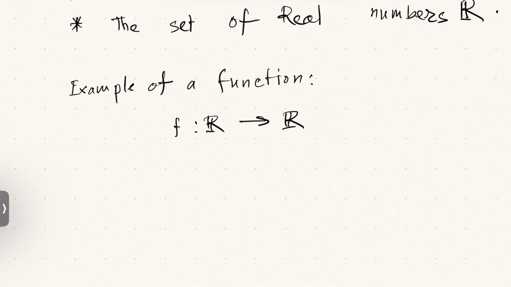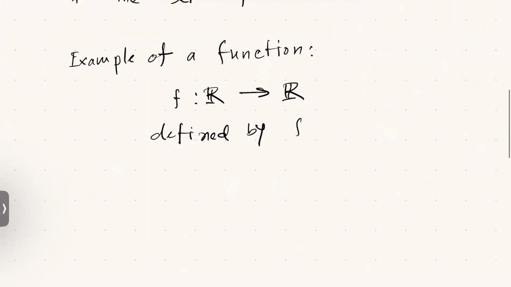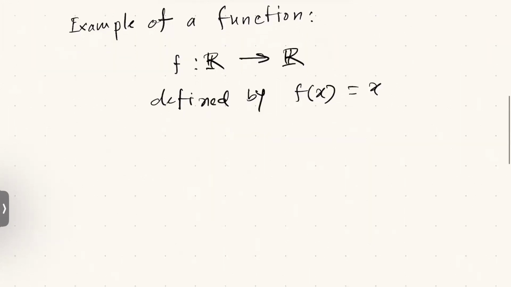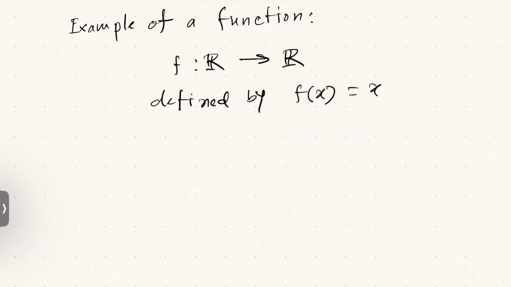So let f be a function from the set of real numbers to the set of real numbers, defined by f of x equals x. So what does this function do? It gives the same value for every x, right? So this is an example of a function.